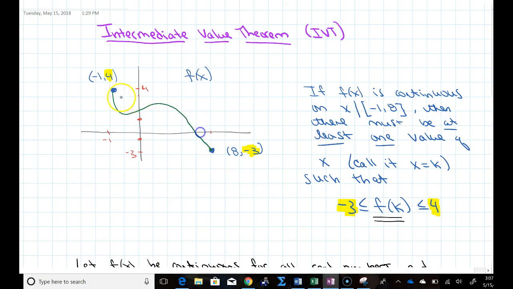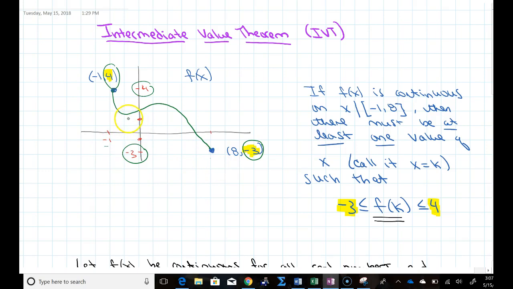the curve has to connect in some fashion, and as you can see on this curve here, every y value between -3 and 4 must be hit at least once, by some x value between -1 and 8.